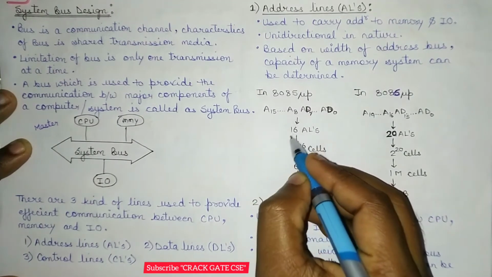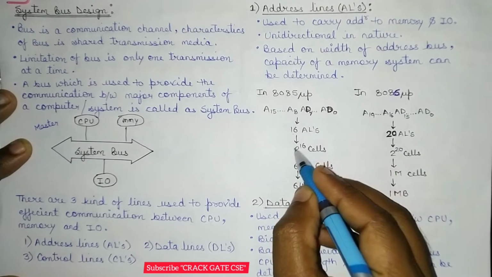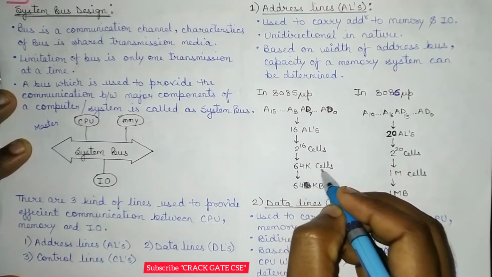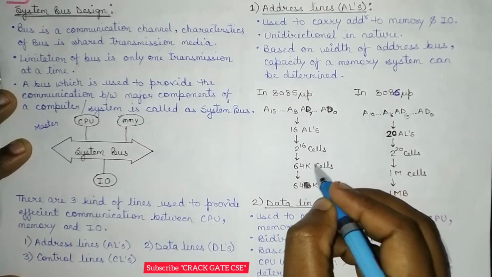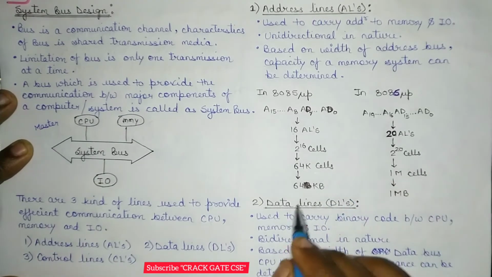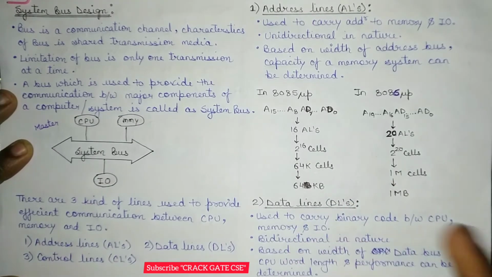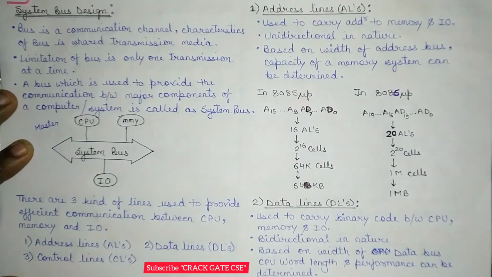Just find 2 to the power 16. So 2 to the power 16 is equal to 64K cells, and we know that memory is byte addressable, therefore the size of a cell is 8 bits, which is known as 1 byte. So finally 64 KB is the memory capacity in the 8085 microprocessor.